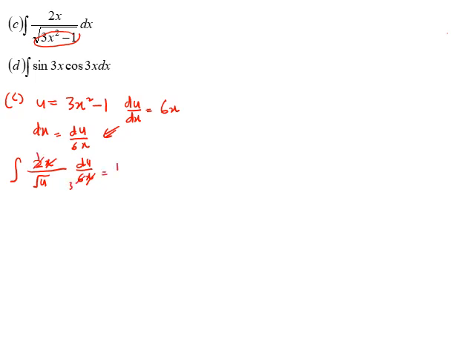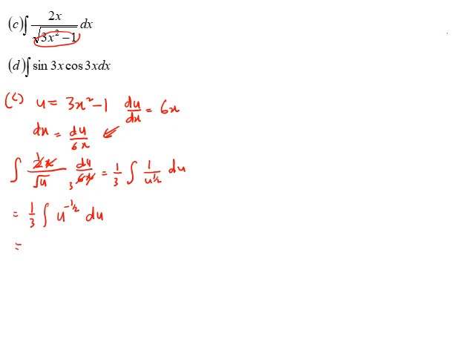So it will be 1 over 3 integrate 1 over u power 1 over 2 du. So how to integrate a power? You need to bring it up, right? So it will be 1 over 3 integrate u power negative 1 over 2 du.